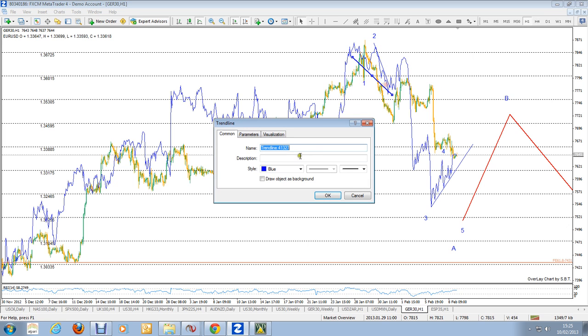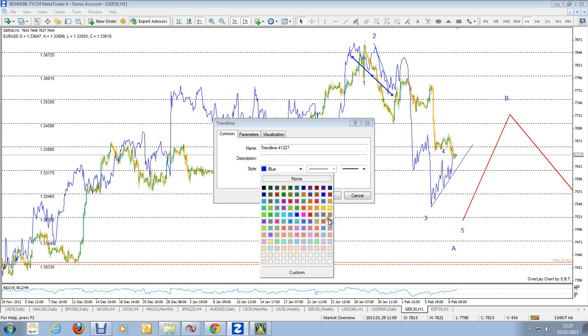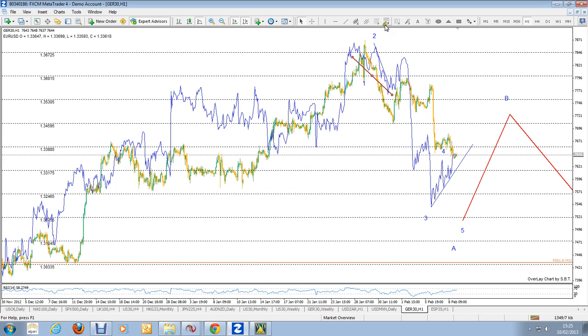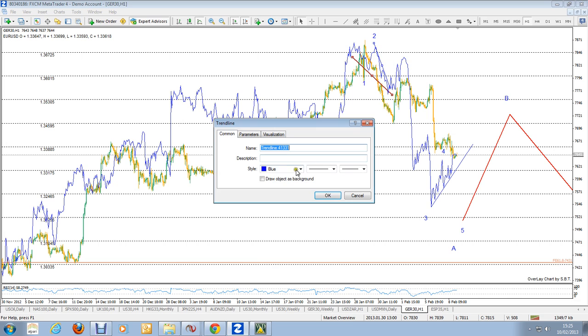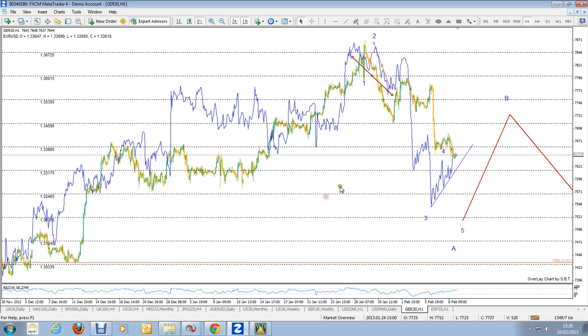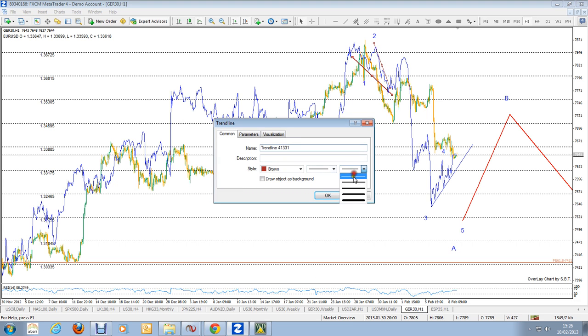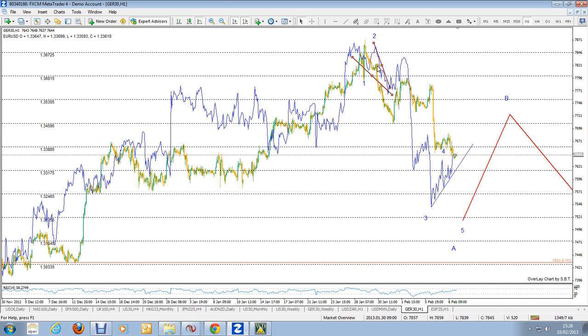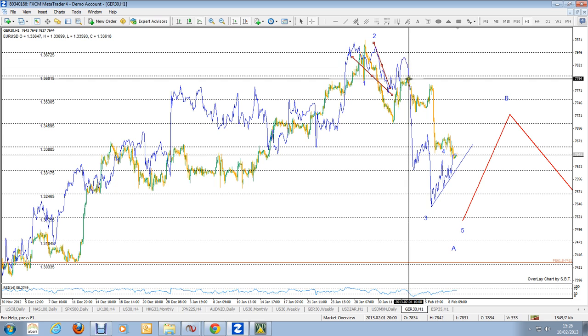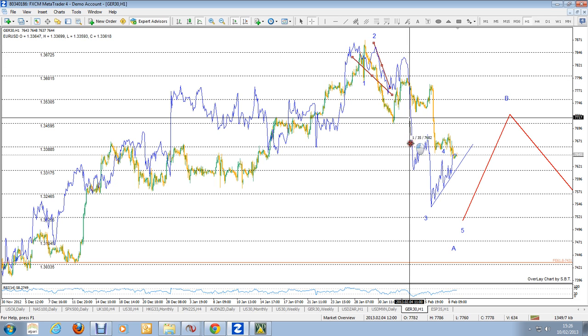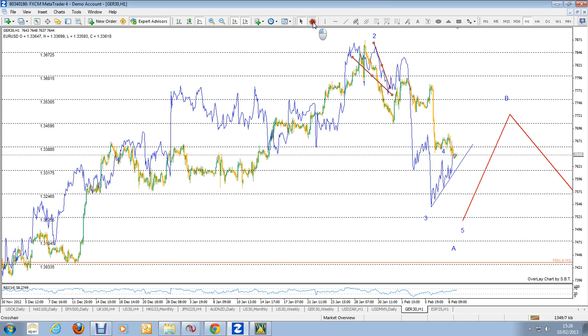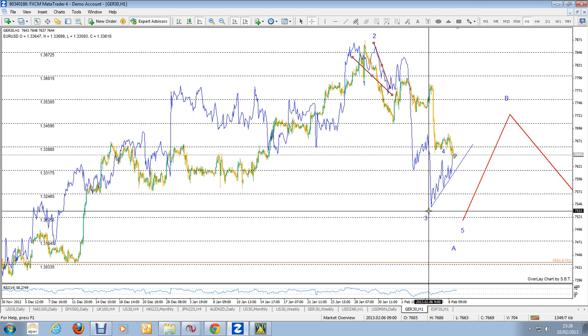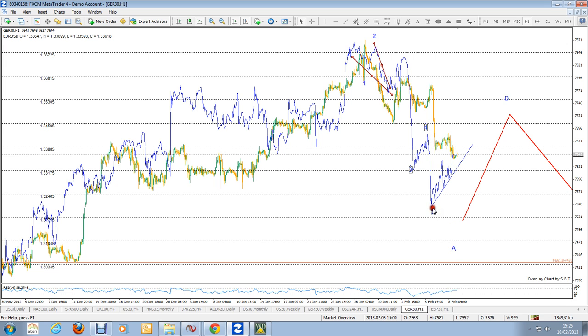In fact, I'll make that one a brown color. So the leading diagonal, wave 1, wave 2 over here, then this is the wave 3, 4 and a 5. Okay, so this is 3, this is 4, and this is 5.